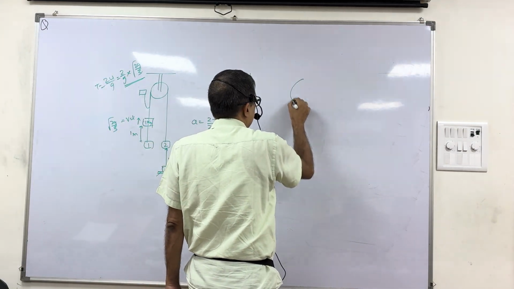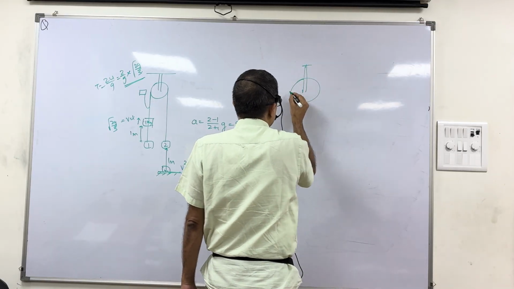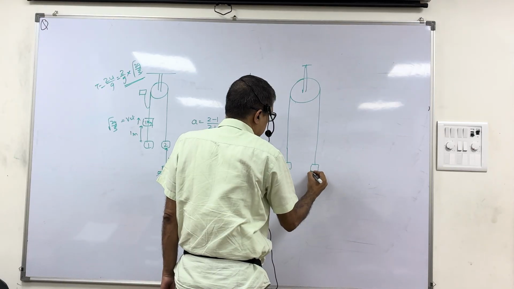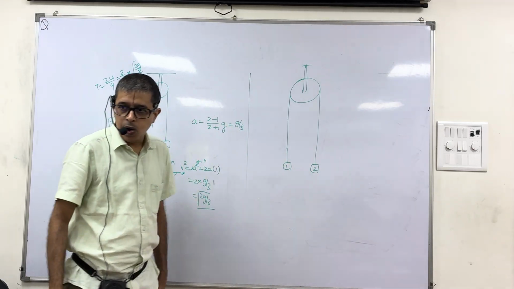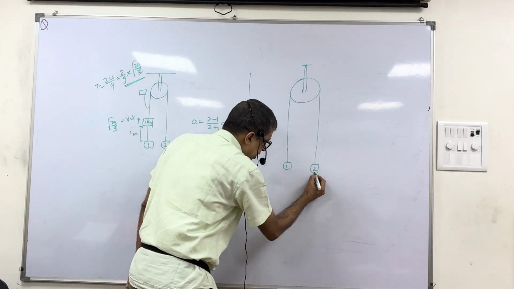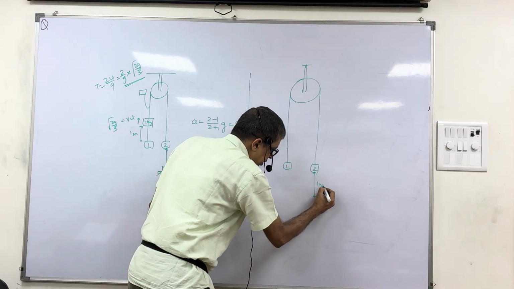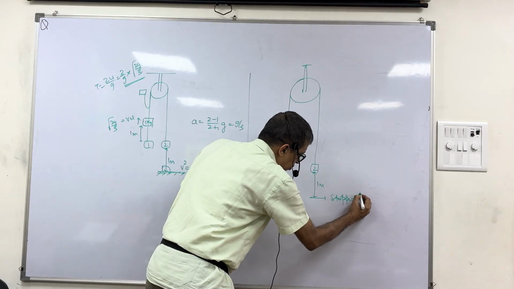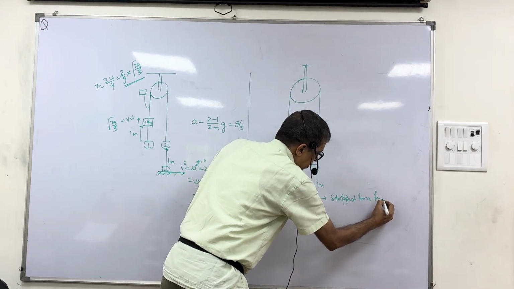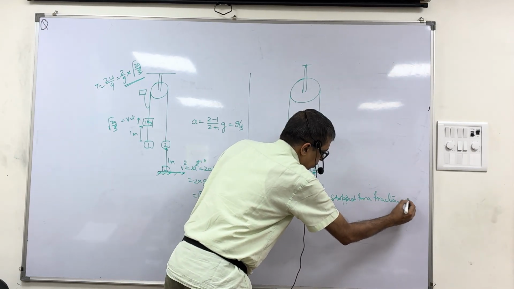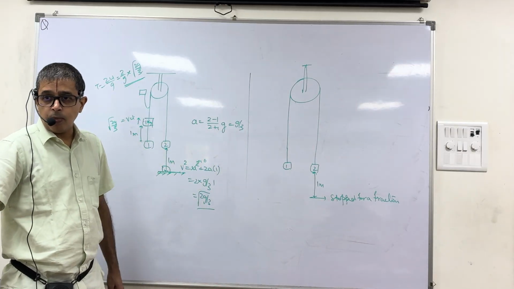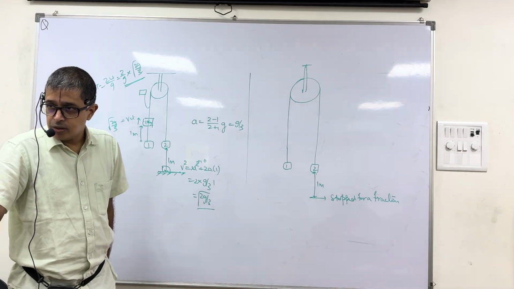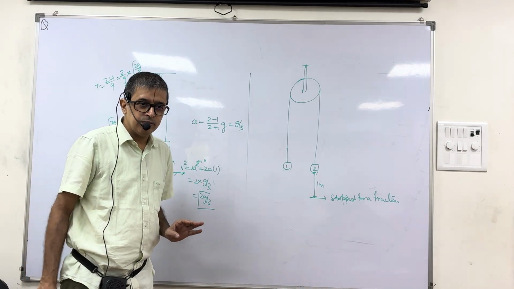Taut means tight. On the contrary, look at what they did. This is the 1 kg block, and this is the 2 kg block. After it travelled a distance of 1 meter, the 2 kg block stopped for a fraction of a moment, and was released.